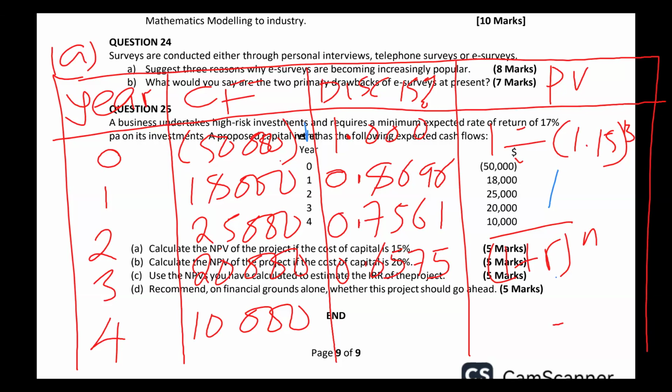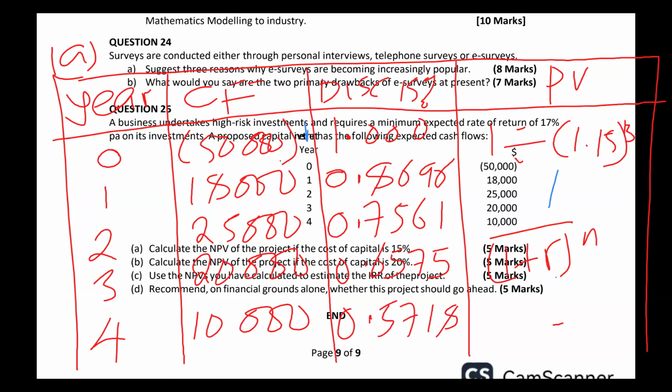Let's teach ourselves to be fast. Yes, it gives us 0.6575. All right. Okay, so in the fourth year, you should be able to get 0.5718.